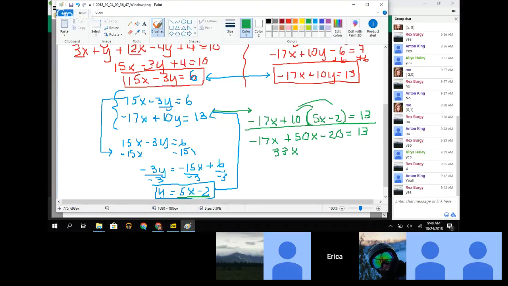And then I'm going to go ahead and add 20 to both sides. All right, so I end up with 33x equals, oh, look at this. 33x equals 33. Divide both sides by 33, and we get that. All of that to tell you x equals 1.